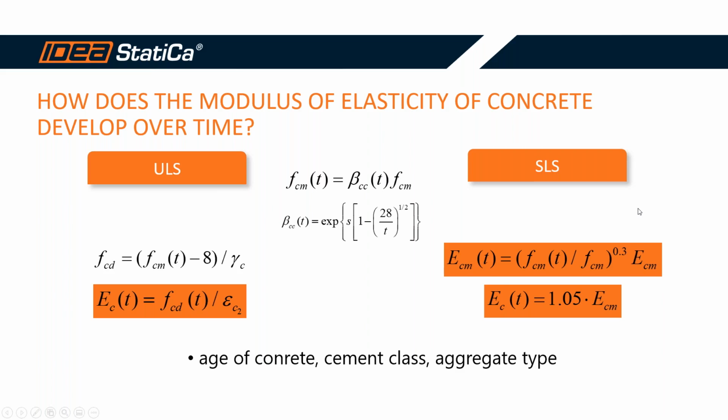On the other hand, SLS states are based on this formula, and this modulus of elasticity is the second modulus. In IDEA StatiCa, you can choose if you want to calculate with this first one, second, or if you want to calculate with the tangent modulus, which is slightly higher.